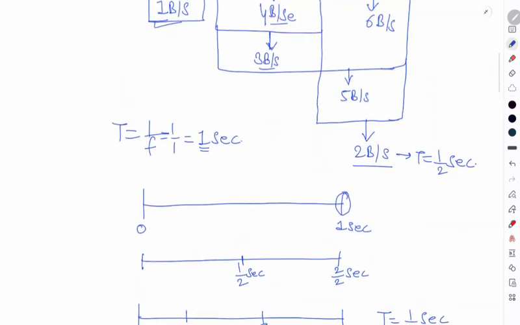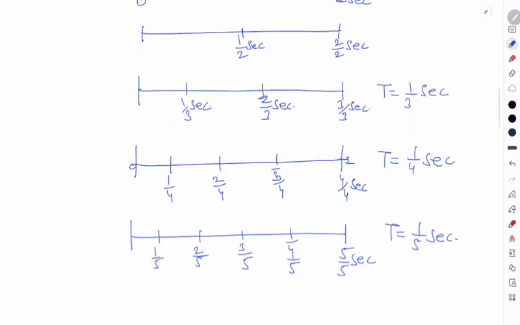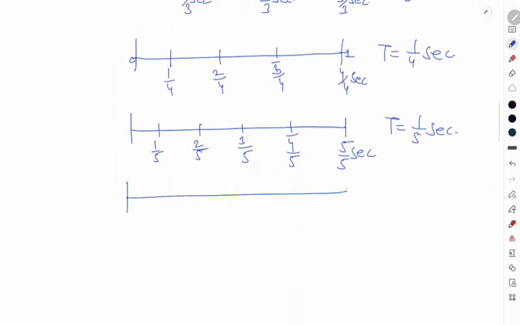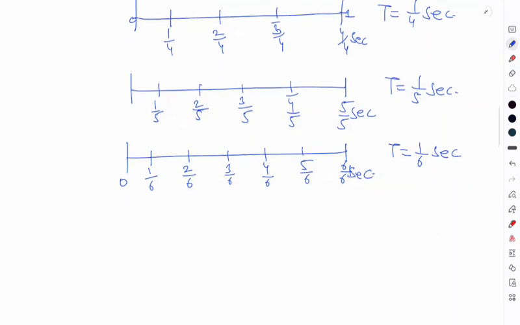Now let's talk about 6 beats per second. From 0 to 1 second, the time period will be 1 by 6 second. So at 1 by 6, 2 by 6, 3 by 6, 4 by 6, 5 by 6 and 6 by 6 second, we will hear maximum intensity sound. Now let's talk about the common beats.